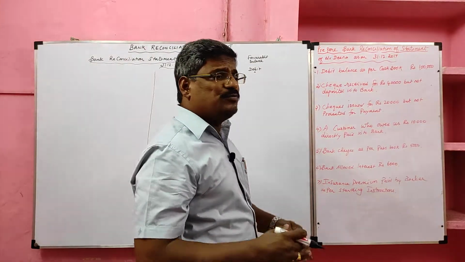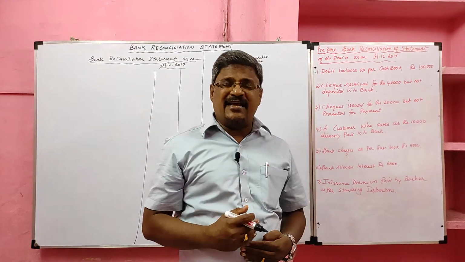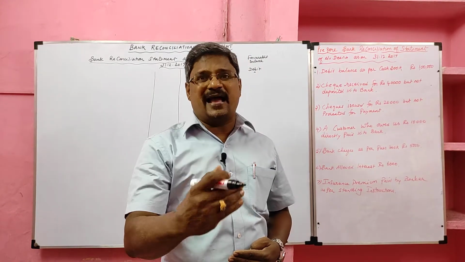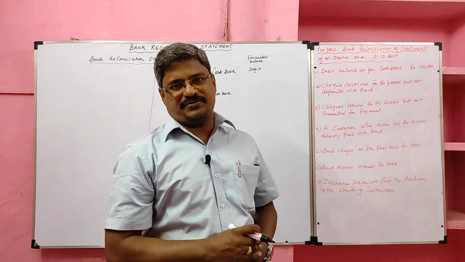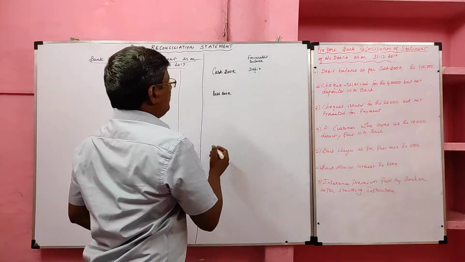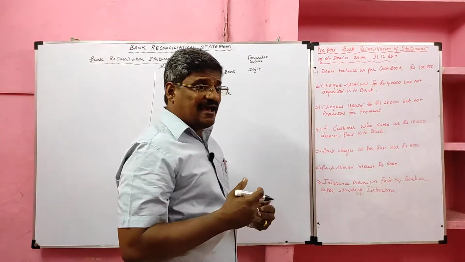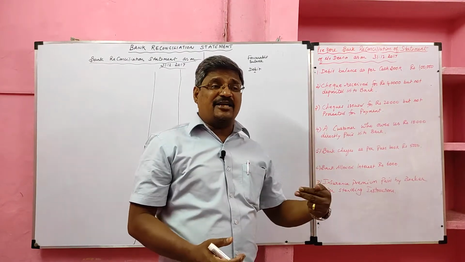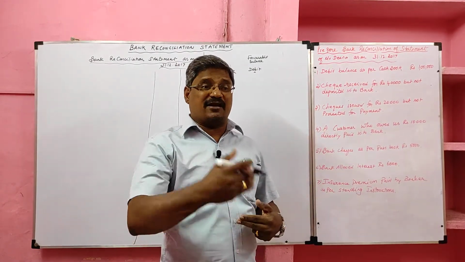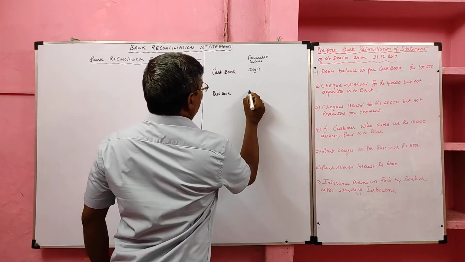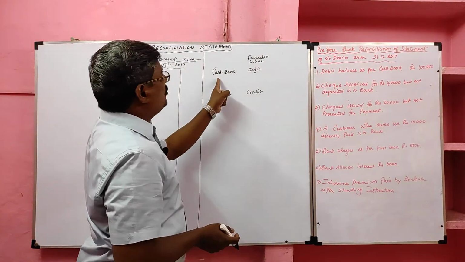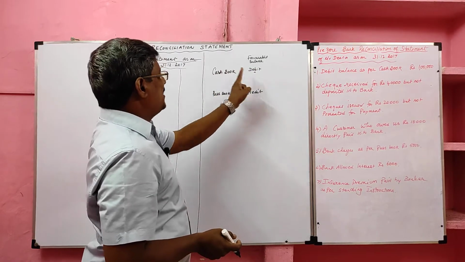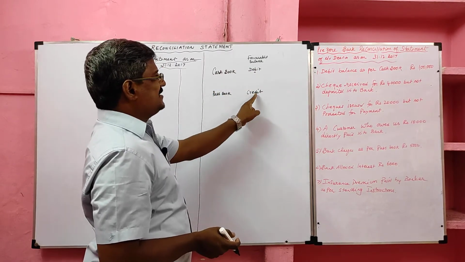What do you mean by cash book debit balance? When the business has funds with the bank, the cash book shows a debit balance, and at the same time our passbook shows a credit balance. So both are favorable balances. Cash book favorable balance is debit balance, passbook favorable balance is credit balance.